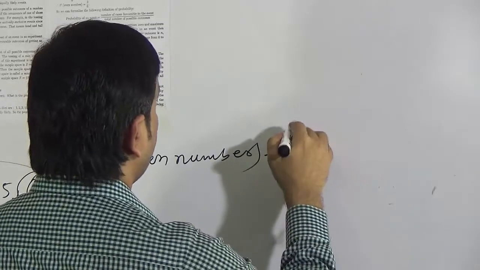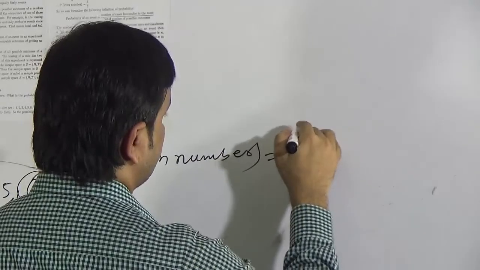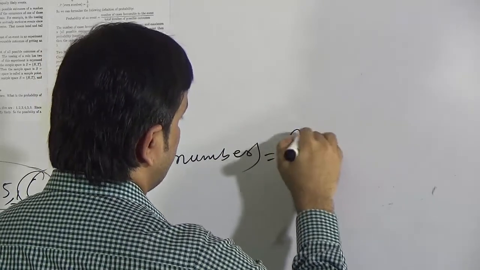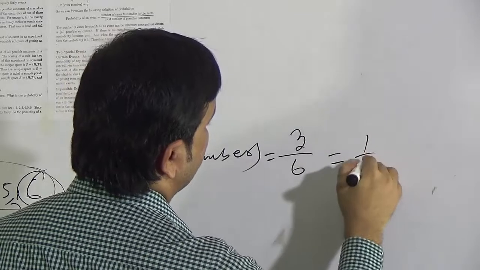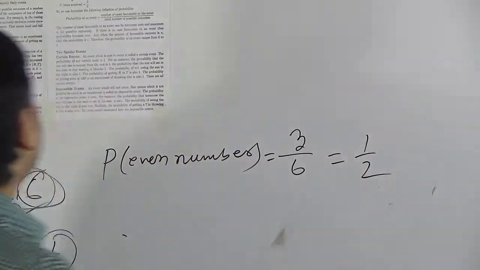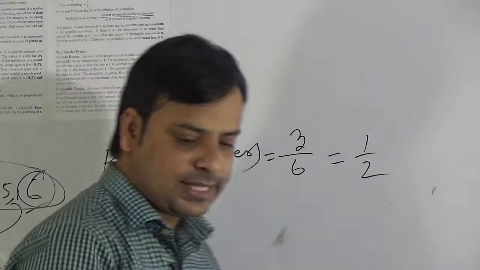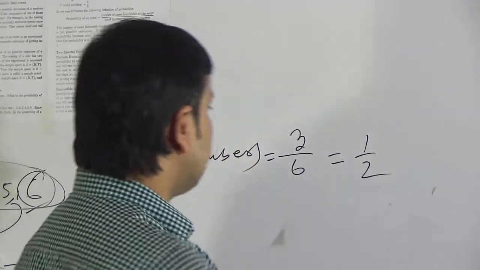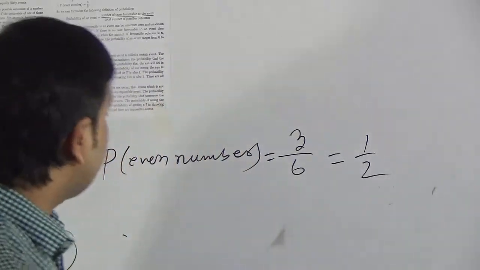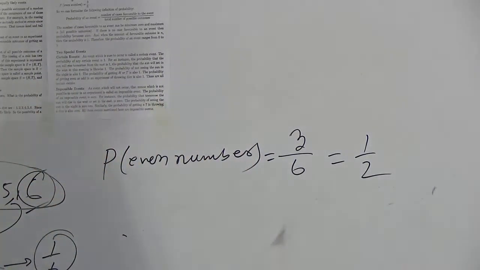Here total outcomes is 6 and we take the favorable outcomes in the numerator. Favorable outcomes is 3, so 3 by 6, or 1 by 2 if we calculate. So the probability of getting an even number is 1 by 2.